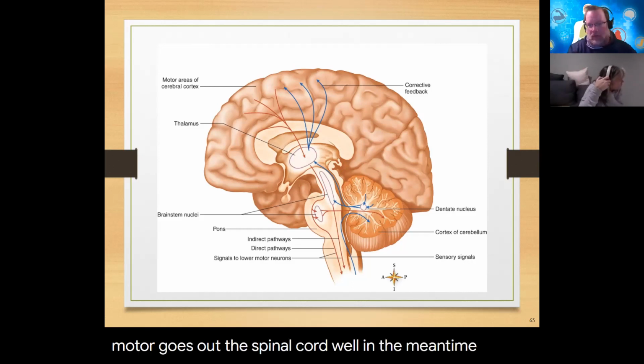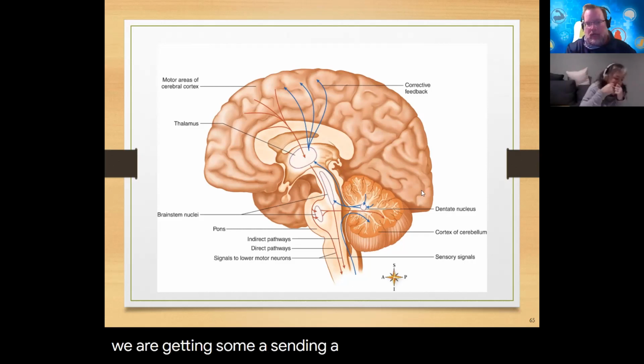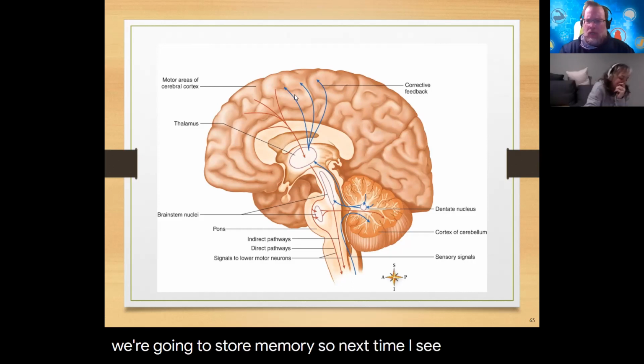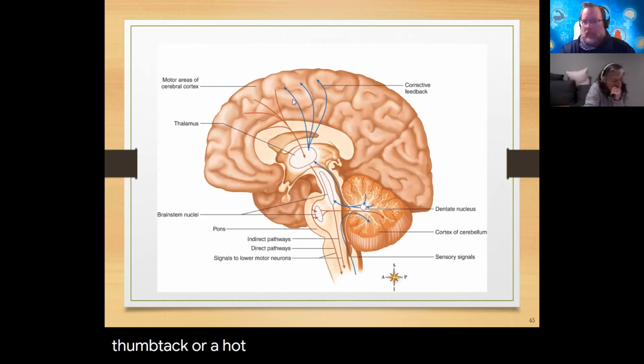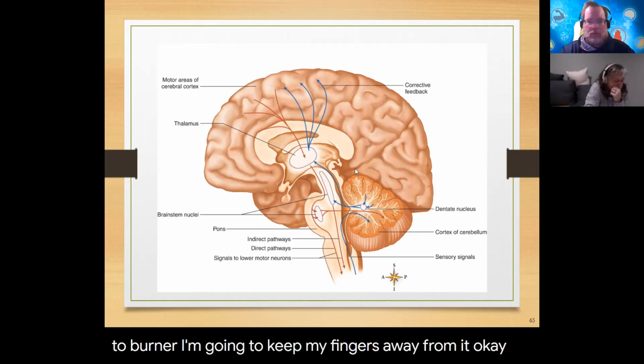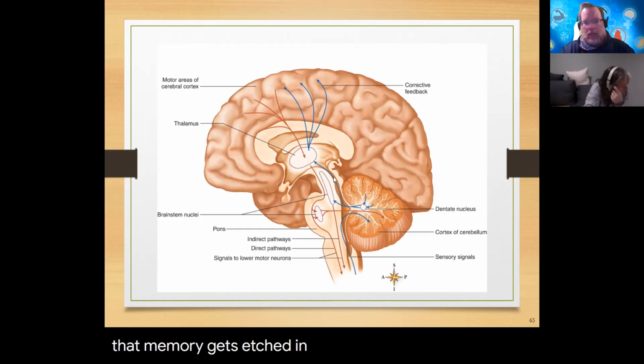In the meantime, though, we are getting some ascending information that's going to eventually come up here and nestle itself right into your memory bank. So this big area, the cerebrum, is where we're going to store memory. So next time I see a thumbtack or a hot plate or hot stove or whatever, a burner, I'm going to keep my fingers away from it. Okay, so that memory gets etched in.